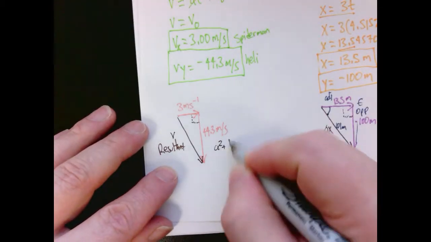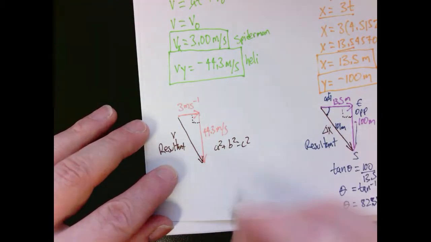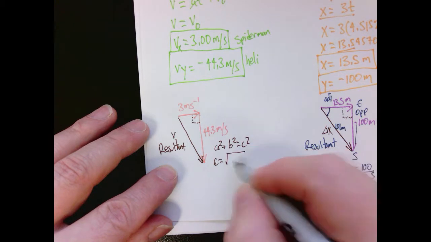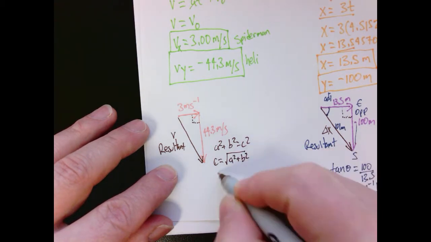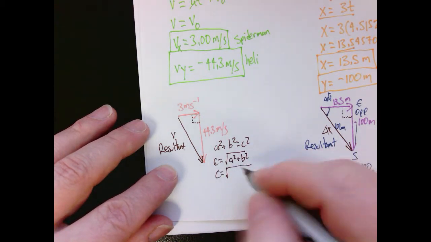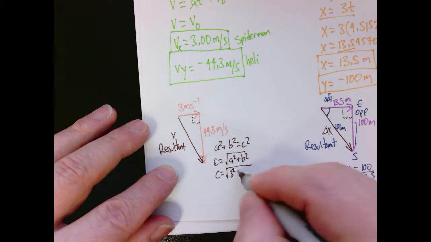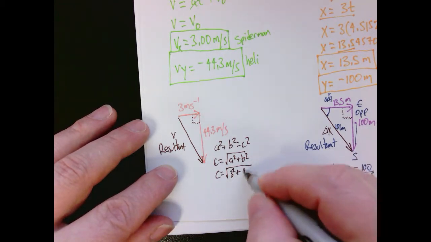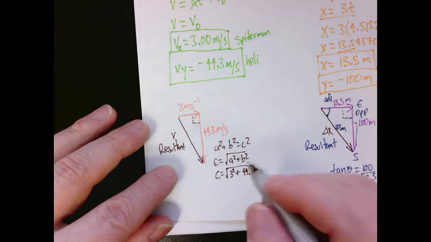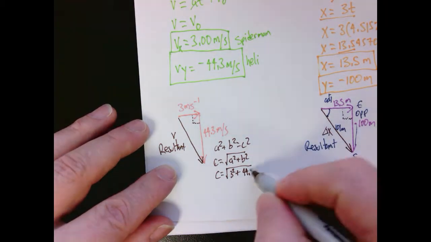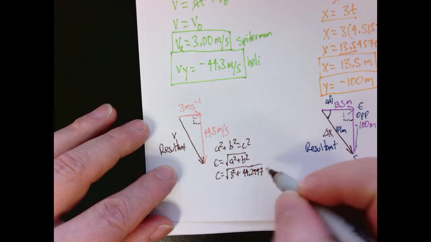A squared plus b squared equals c squared. C is going to equal the square root of a squared plus b squared, and c is then going to be the square root of 3 squared plus 44 point, and the unrounded value 2947 squared.